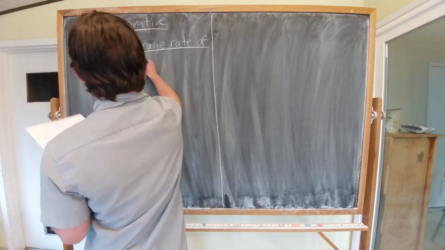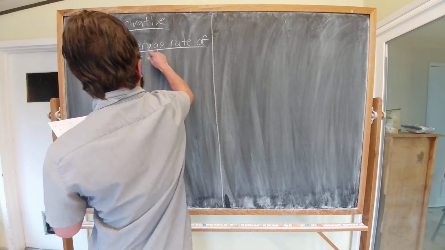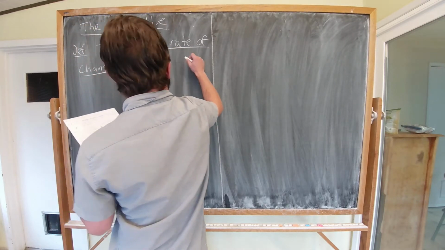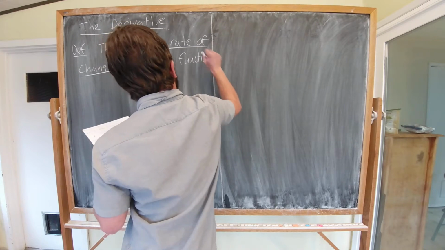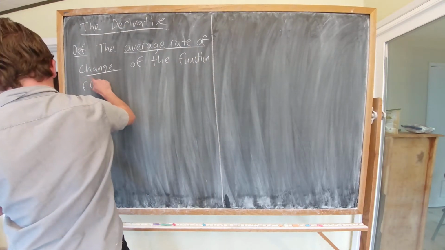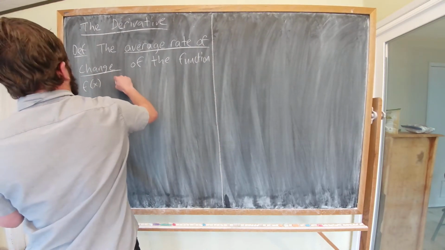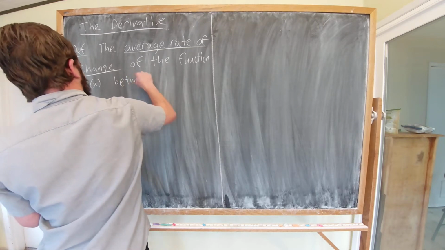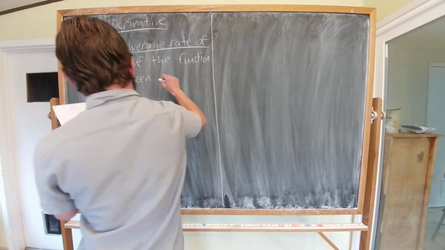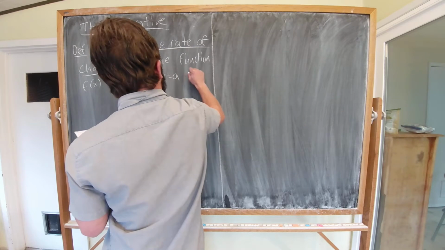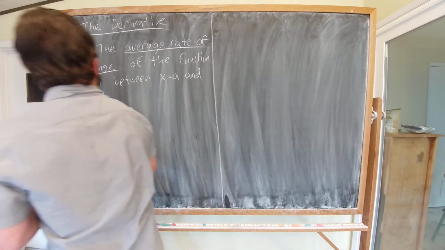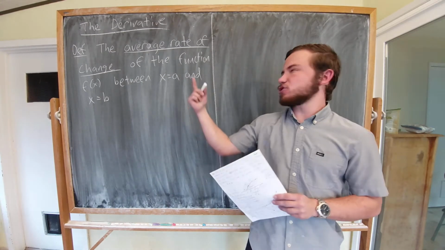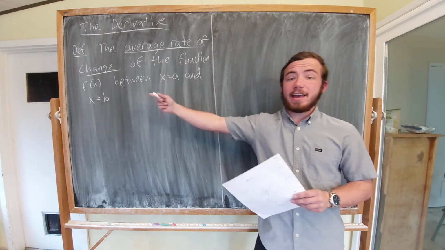The average rate of change of the function f of x between x equals a and x equals b. So we're talking about how the function is changing between a and b, right?